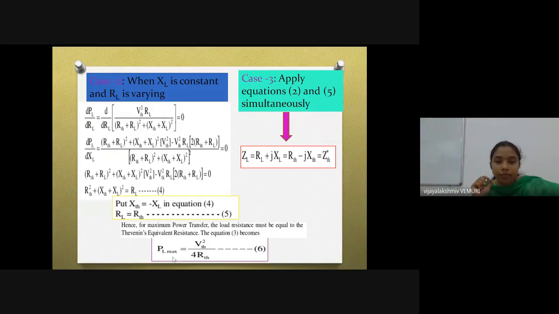What is our real part? RTH. So in an AC circuit also, the maximum power which is transferred to the load will always be VTH square by 4 into RTH, but not ZTH conjugate.